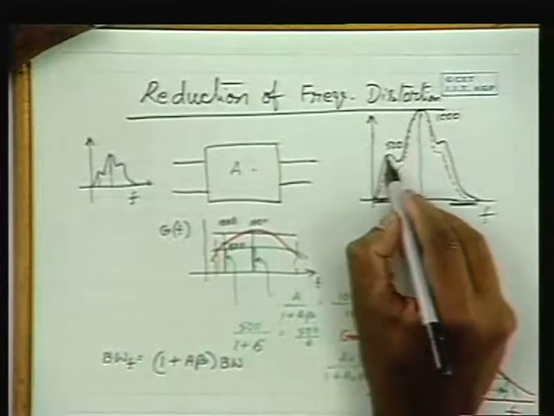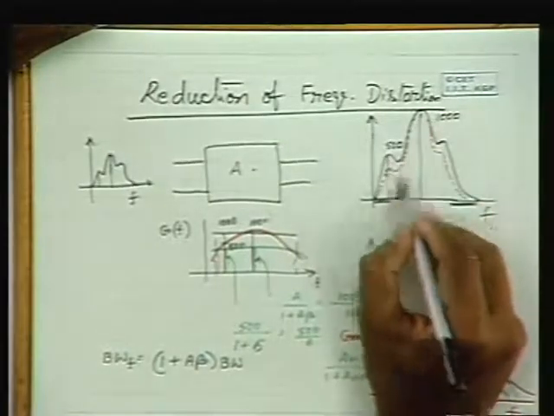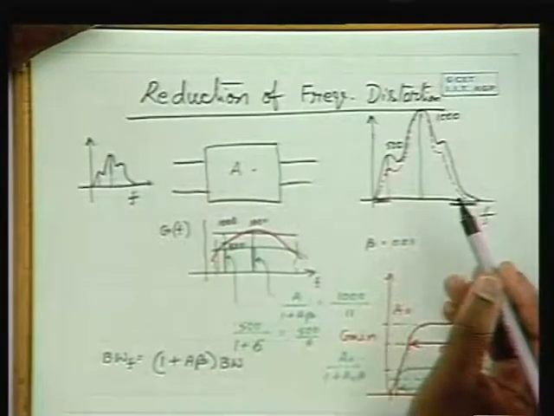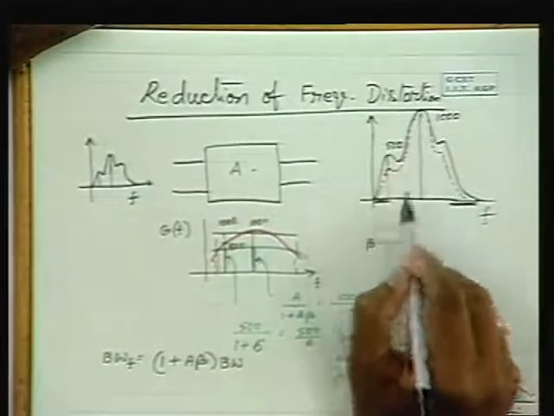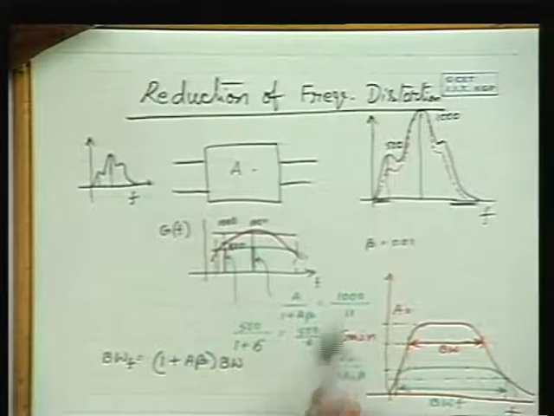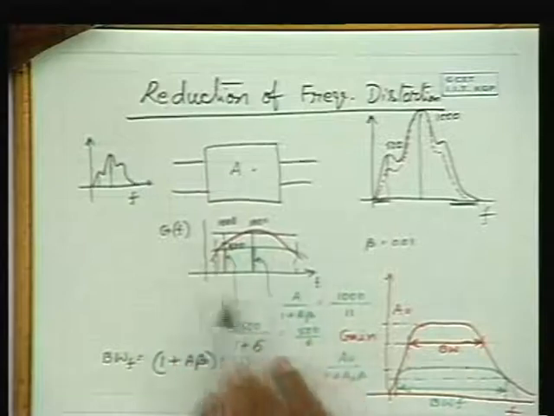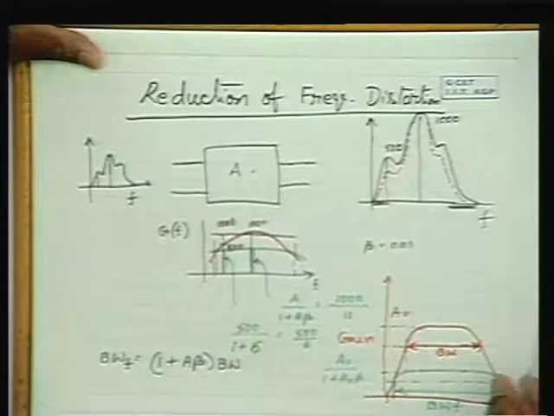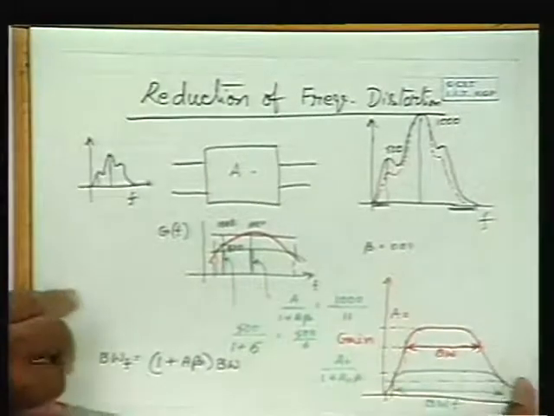Please note that at this frequency the response was half of this. That means this frequency was beyond the 3 dB point. Now that frequency has come into the 3 dB point, because the gain ratio is 1000 by 11 and 1000 by 12. So precisely because of this reason the bandwidth is improved in the case of negative feedback.